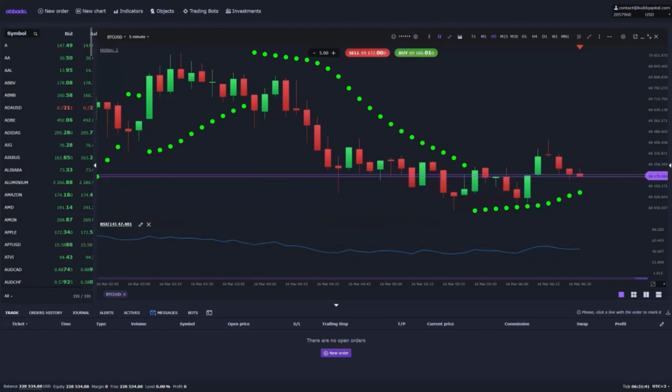So Ali, if you have 100K in savings, instead of depositing 5,000 at a time, what I would do is put the whole 100K in, but then risk in the pennies. So I would do 0.01 lot size. Right here, you can see 0.01 lot size trades, even if I have a 100K account.